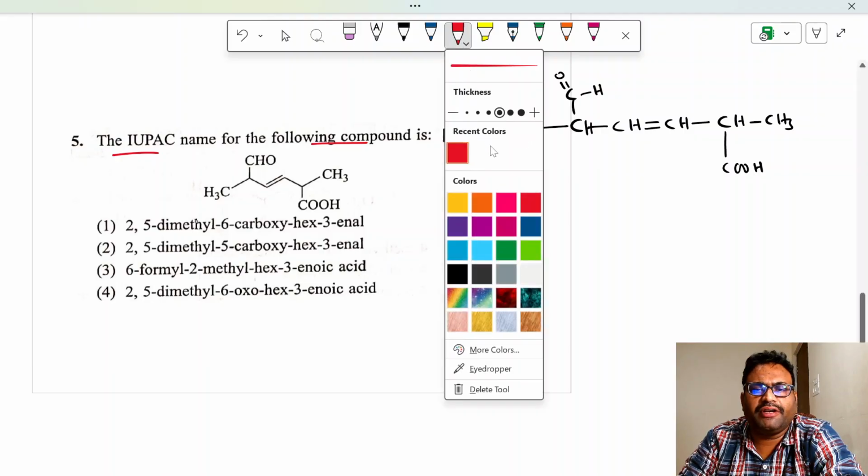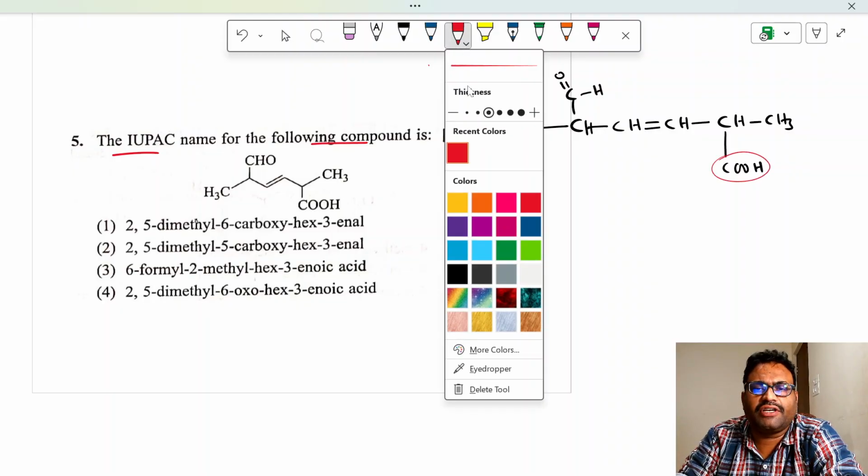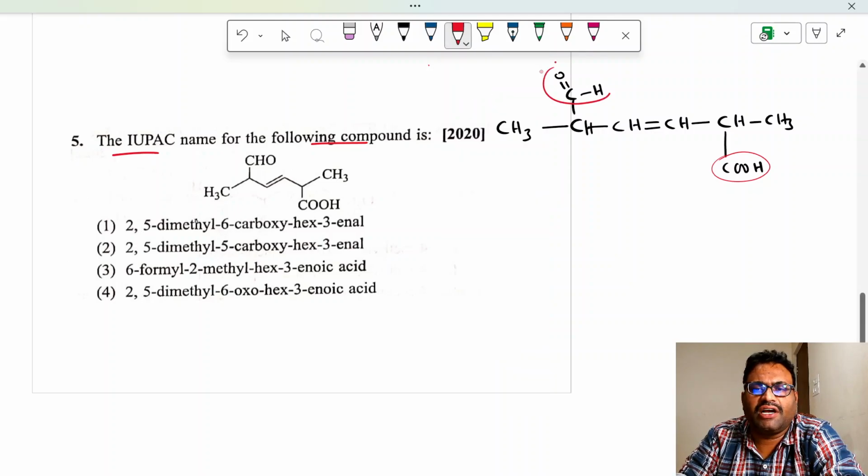Write the numbering. If you write numbering to this, there are two functional groups. What are those two functional groups? One is carboxylic acid. Another is aldehyde.